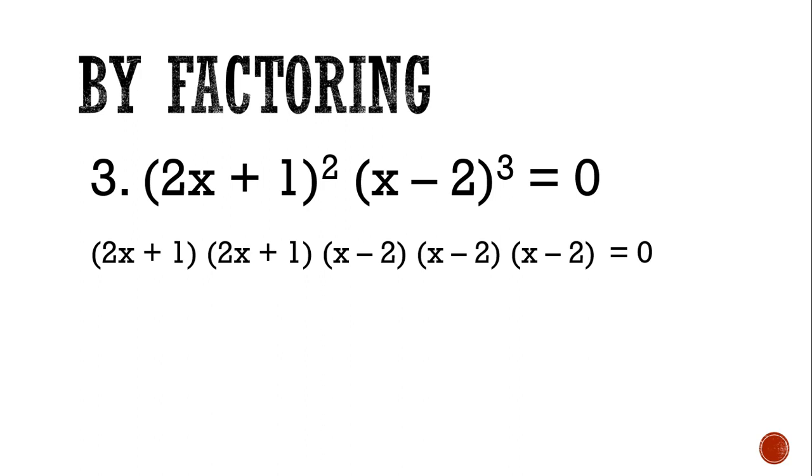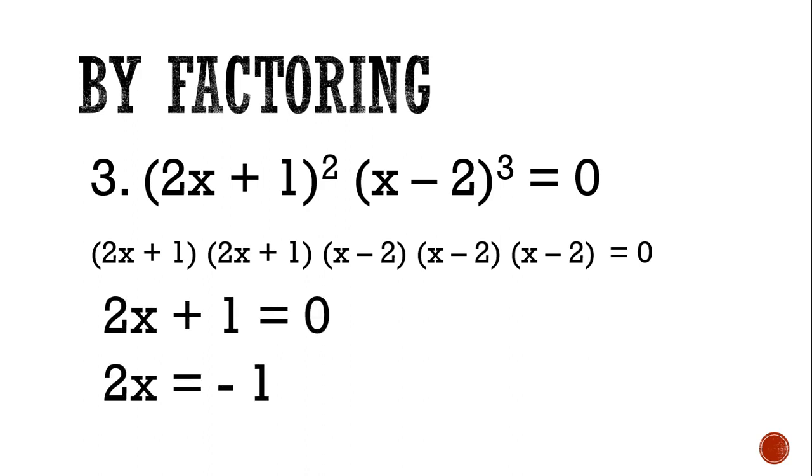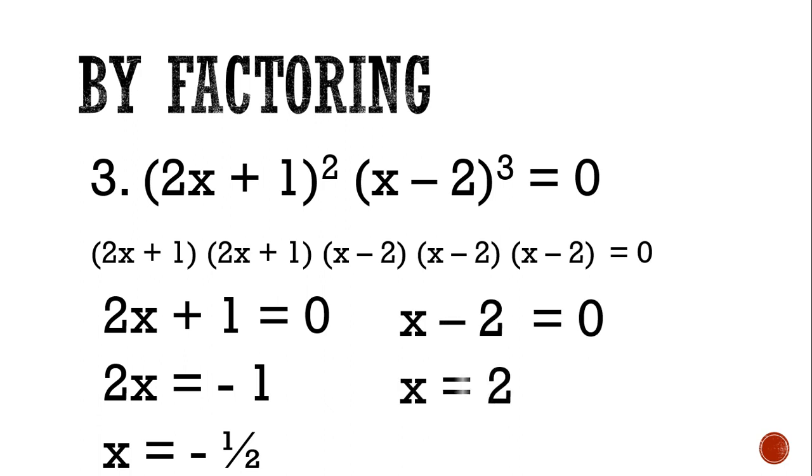The factor 2x plus 1 will be 0 when x is equal to negative 1/2, while the factor x minus 2 will be 0 when x is equal to positive 2. Therefore, we have two distinct roots, negative 1/2 and 2, but negative 1/2 is used twice while positive 2 is used thrice.